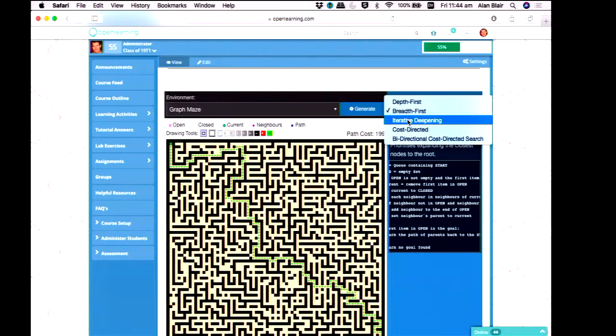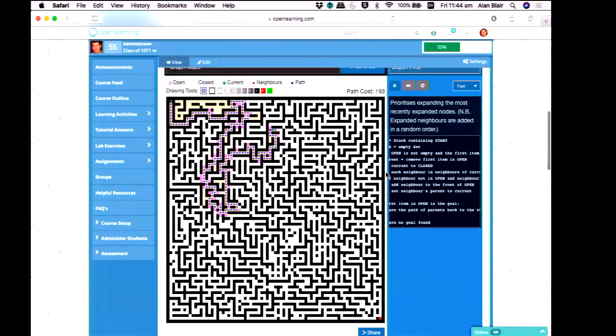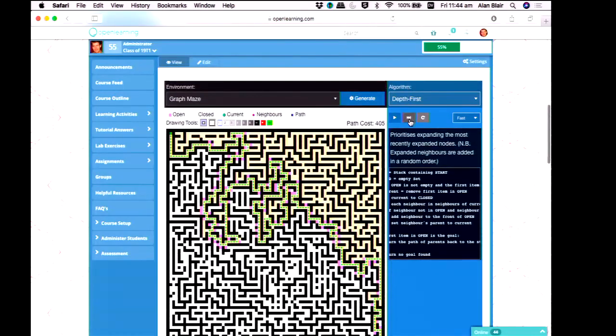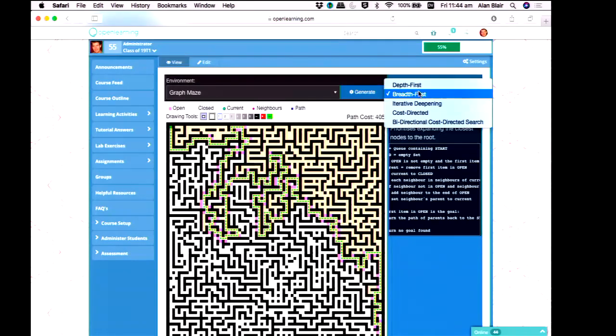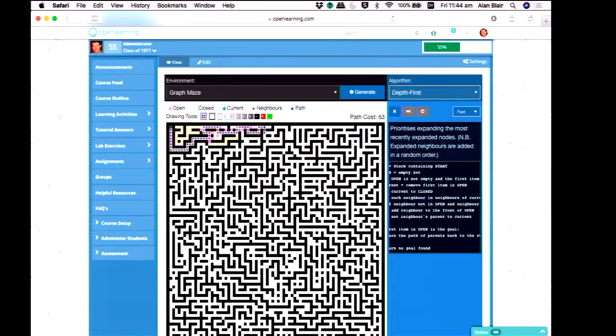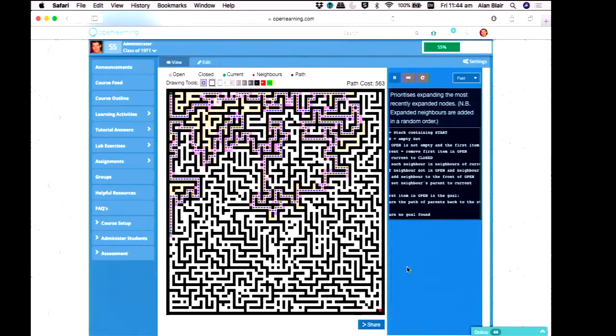If I switch to depth first search, it goes in a random way, and sometimes it explores a lot of really long paths. That found a solution in a reasonable time. If I run this again, I think we've set this up so that it'll take a different random path each time you run it. This time it's gone off in that direction.